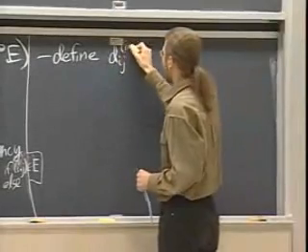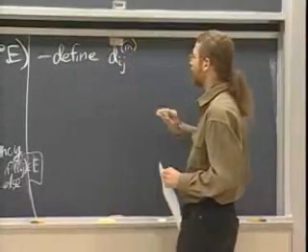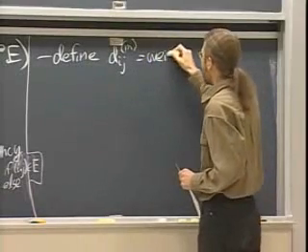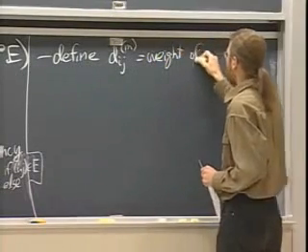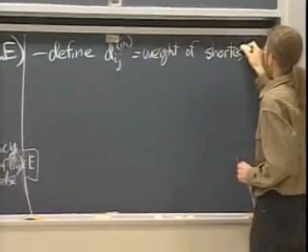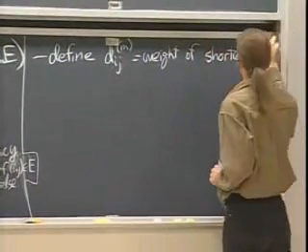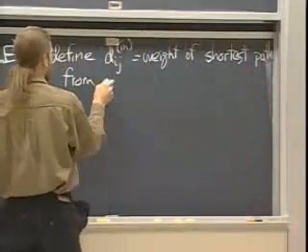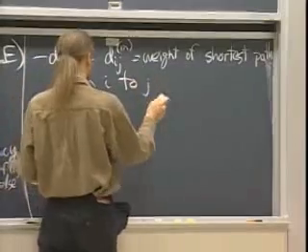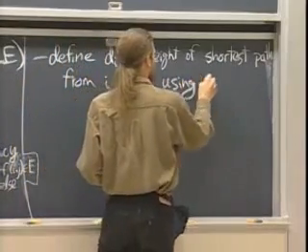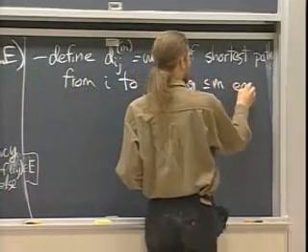So I'm going to say d sub ij superscript m is the weight of a shortest path from i to j using at most m edges.